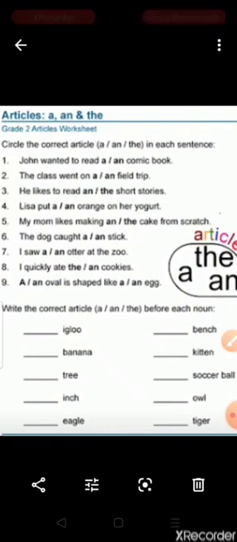John wanted to read a or an comic book. So the noun is comic book, and we have to put a or an in this sentence. So we are going to choose a.